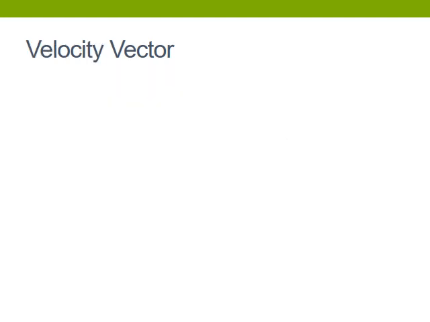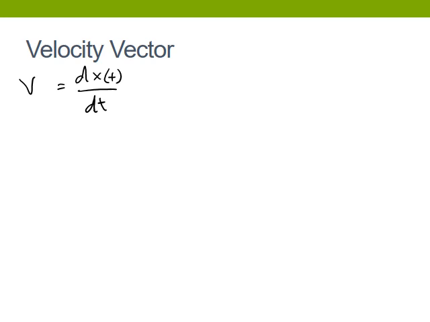You know from our discussion of velocity in one dimension that the velocity is the derivative of the position with respect to time. But now we know that we actually don't just have position in one dimension, we have position in multiple dimensions.